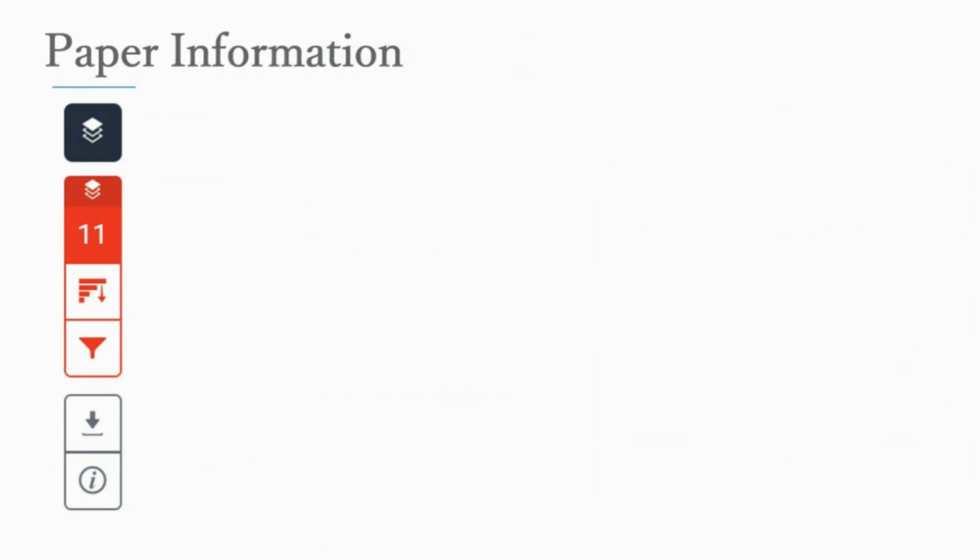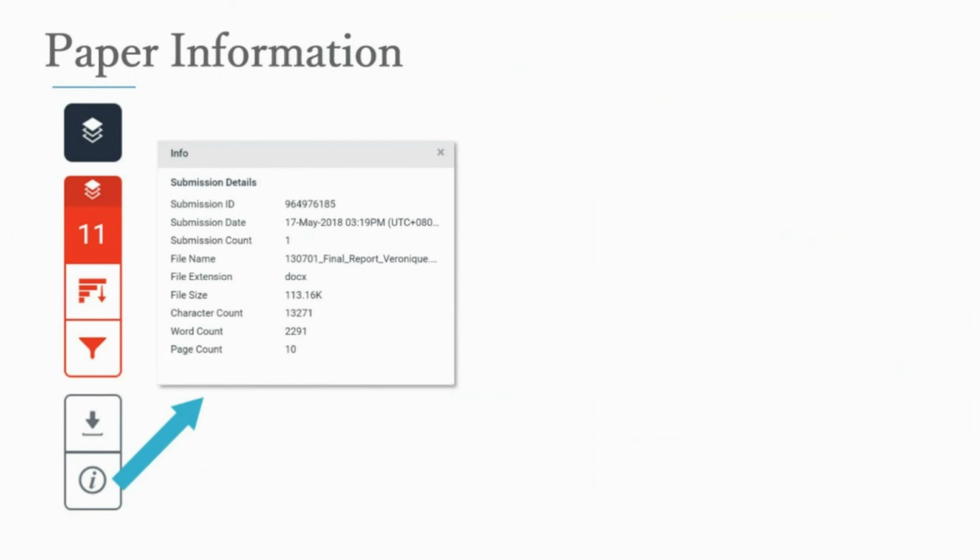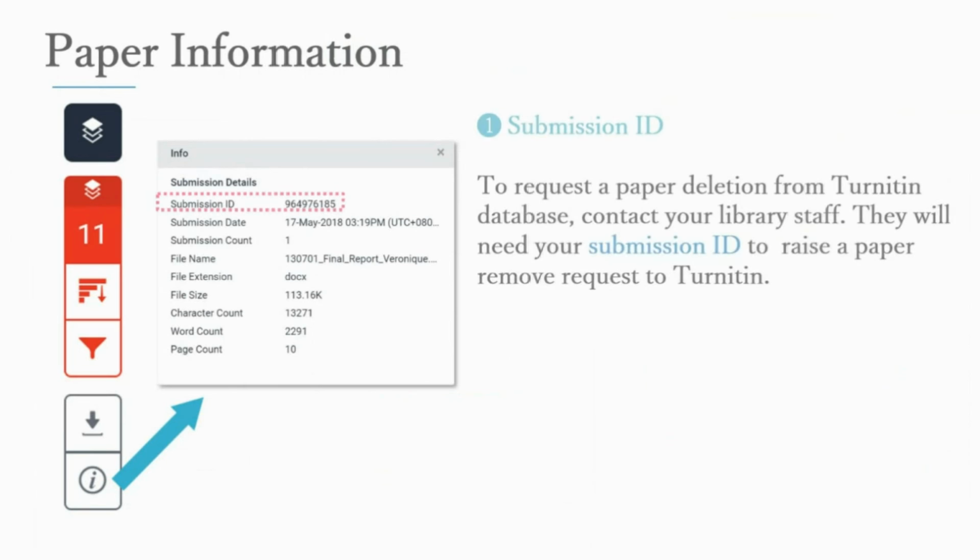Okay, we can see another icon below the download icon. This icon presents the paper's information. There are two important pieces of information for you. The first one is the submission ID. If you encounter any issue, please contact staff with the error screenshot and the submission ID.